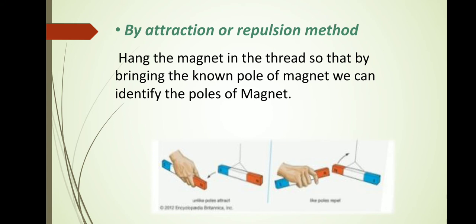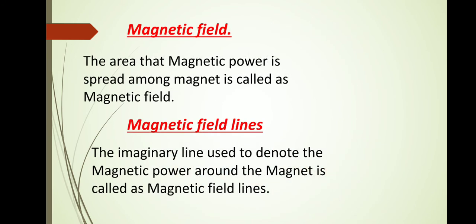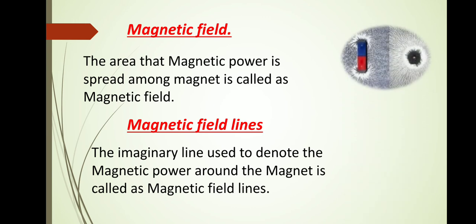Now let's move to the another important one, magnetic field. What do you mean by magnetic field? Here, if you keep a paper filled with the iron filings and keep a magnet there, you can see like this. If you do the practical, you can see this one.